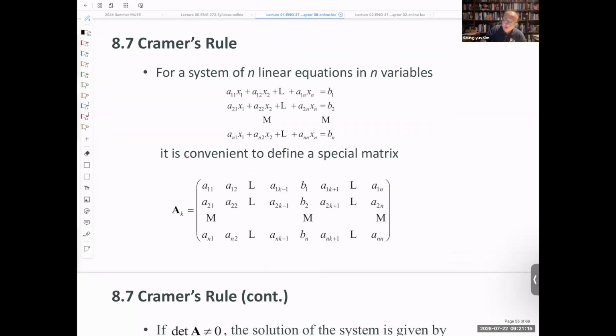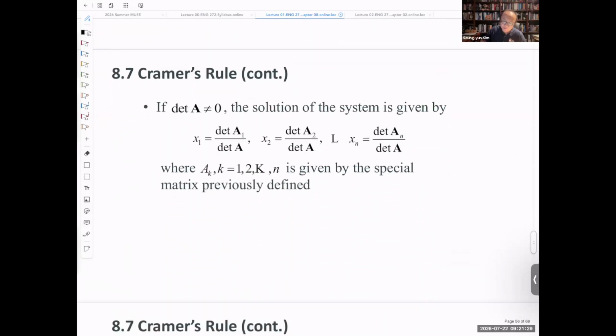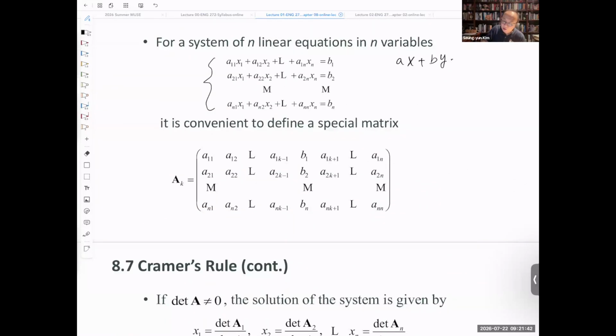Cramer's rule. When you have n linear equations with n variables, you can use Cramer's rule to find x1, x2, x3, and so on. For example: a1x plus b1y plus c1z equals k1, a2x plus b2y plus c2z equals k2, a3x plus b3y plus c3z equals k3.